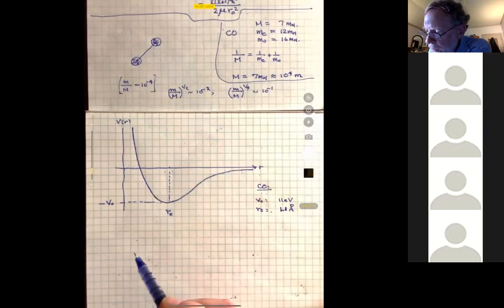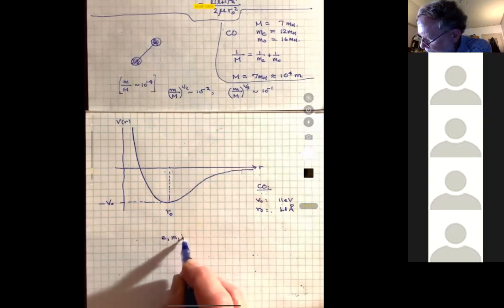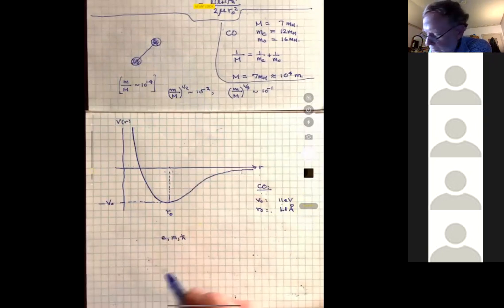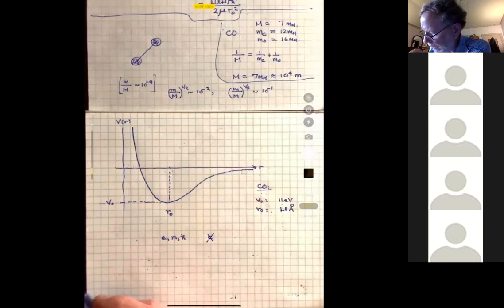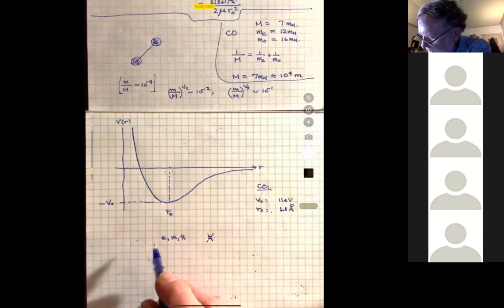There are only three fundamental constants that go into the dynamics of the electron cloud. They're the charge of the electron, the mass of the electron, and Planck's constant. The speed of light does not enter into the list because the electron motion is non-relativistic, and we will show next lecture, next Tuesday, that that is the case, that the electrons are non-relativistic. So there's no speed of light in this.